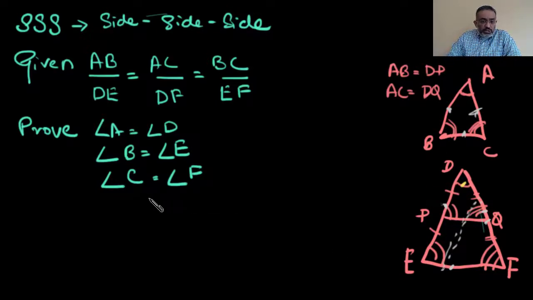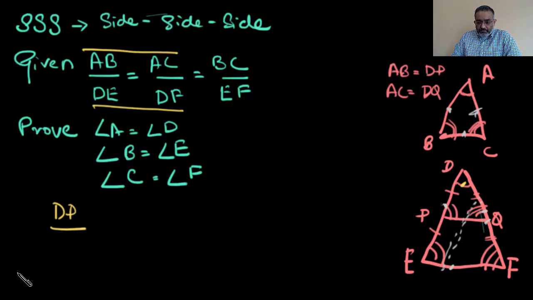All right, so let's begin our proving process by looking at the first two terms, and replacing this AB with DP. So instead of AB, let's do DP by DE is equal to, instead of AC, we will do DQ divided by DF.